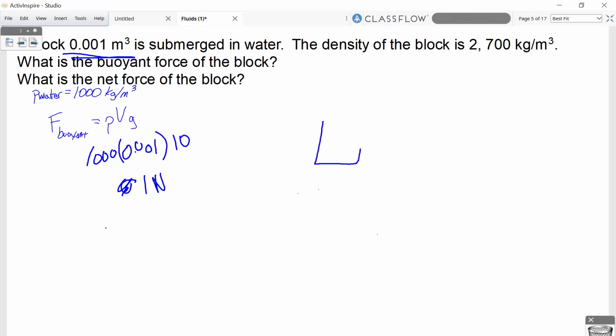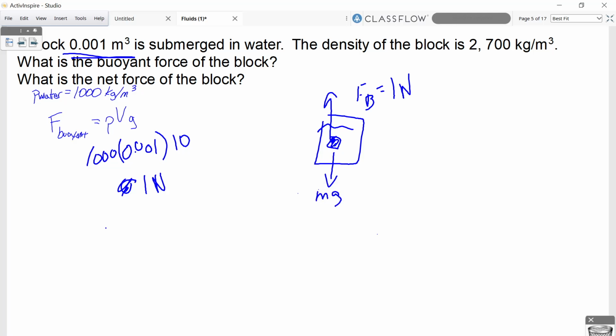So here we have that object, and the buoyant force on this object is 1 Newton.